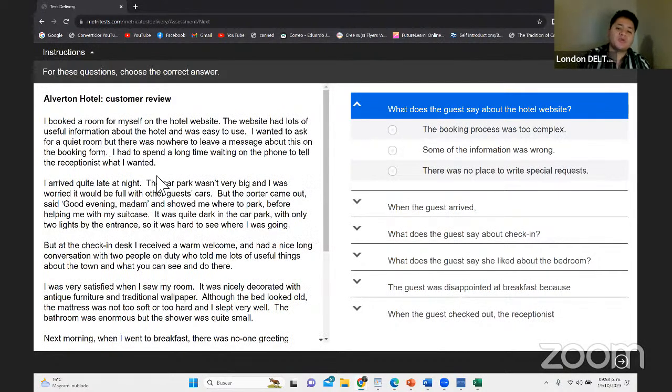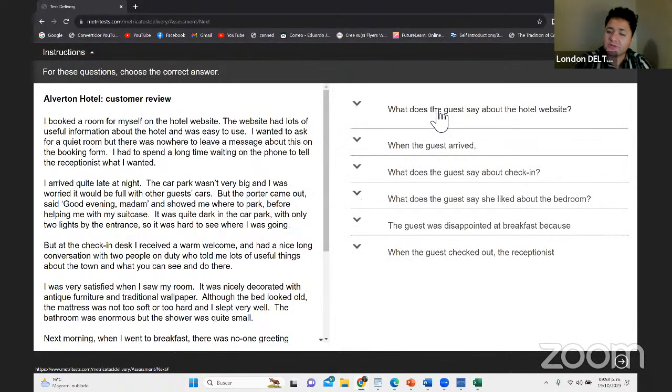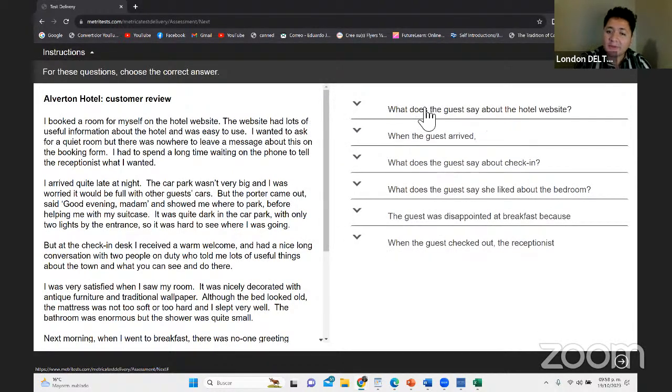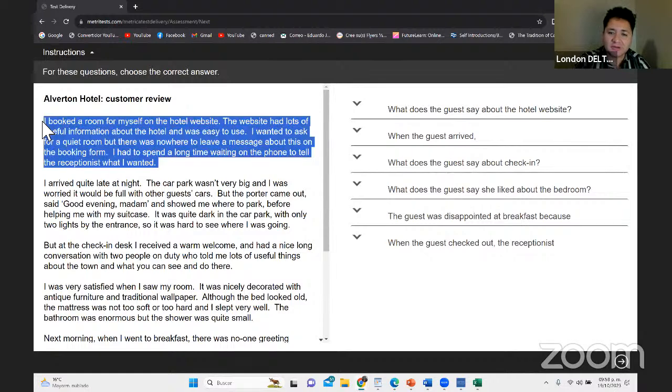So now this is what we are going to do. If we follow the structure of the exam, there's an order that is very logical. The first question corresponds to the information that is at the beginning.